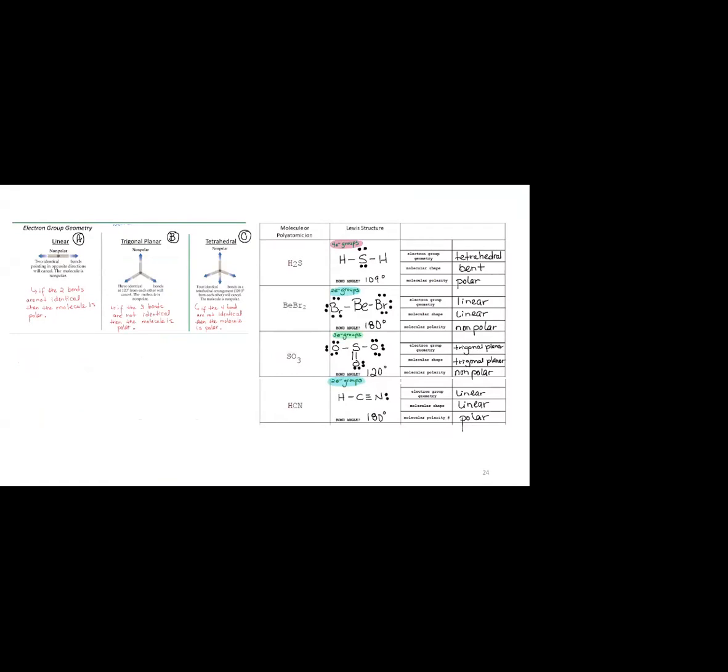It doesn't matter if you go to the safari park at the zoo or to the mall, if you look at a map, most of the time it says, you are here. Think about that when we're doing molecular polarity: the you are here is the central atom. So you're standing in the central atom.